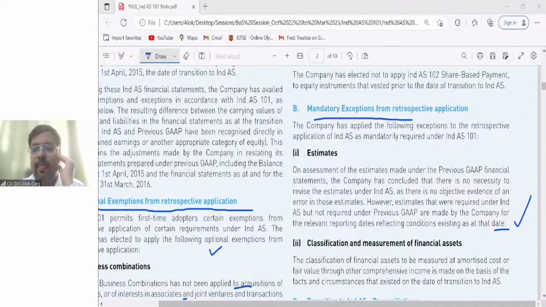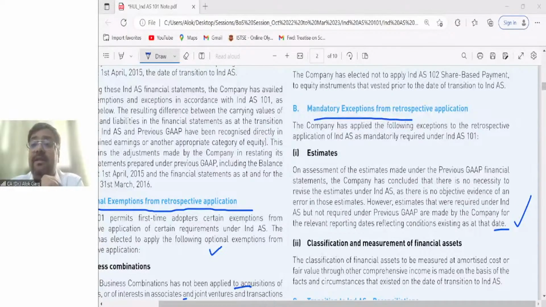Is it possible? Don't go only by this example. In this example, probably you will say that, sir, we are preparing the transition date balance sheet on 1st April 15, and this factoring has happened in 2012 only, so it is possible. But what about Tata Steel?